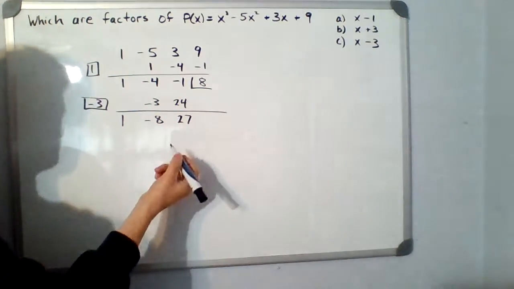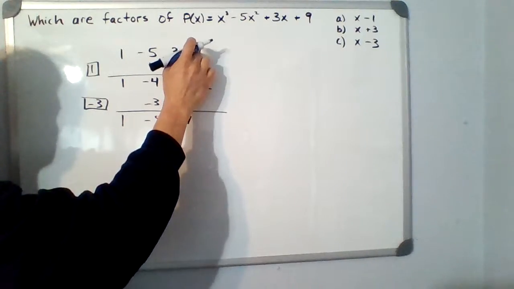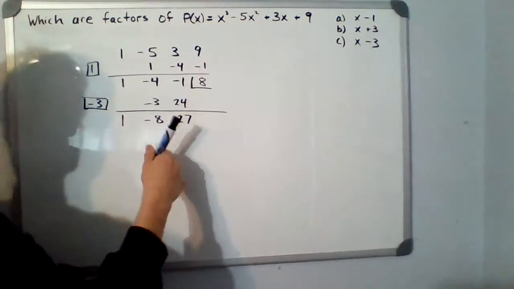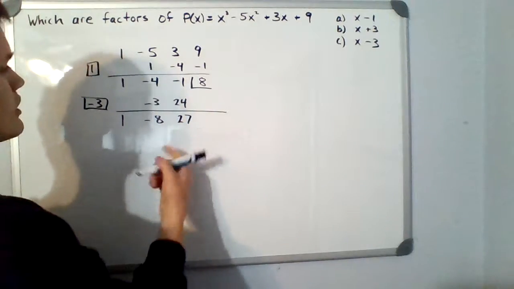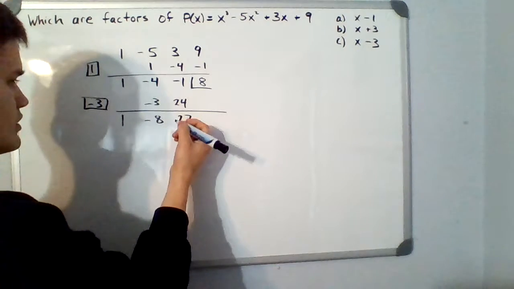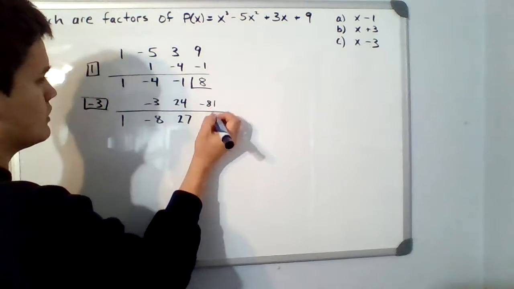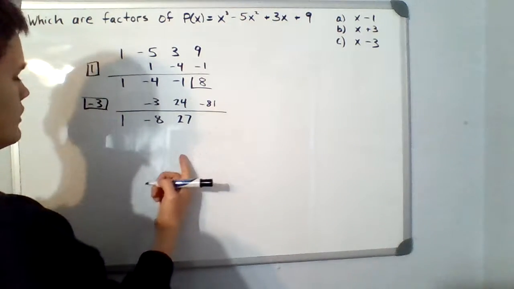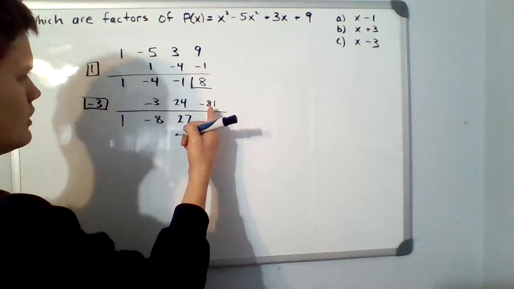And I can already see, because I know -3 times 27 doesn't sum with 9 to be 0. So I can already tell you that this one's not going to work out, but I'll go ahead and do it anyways. -81, I think. Yeah, -81.